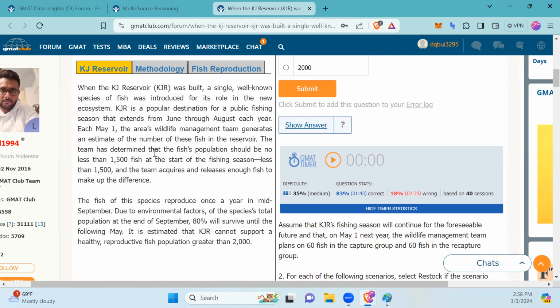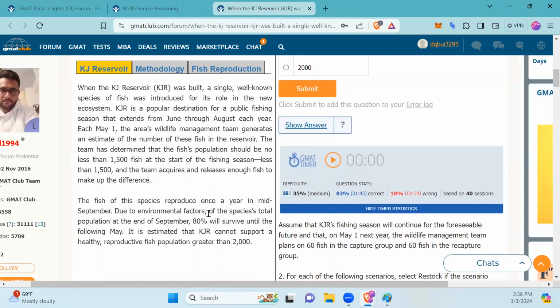Right, so there's some key information that we need to take note of. May is the date of checking the population, and the fish population should be at least 1,500. If it's less than that, they're going to find more to make up the difference.